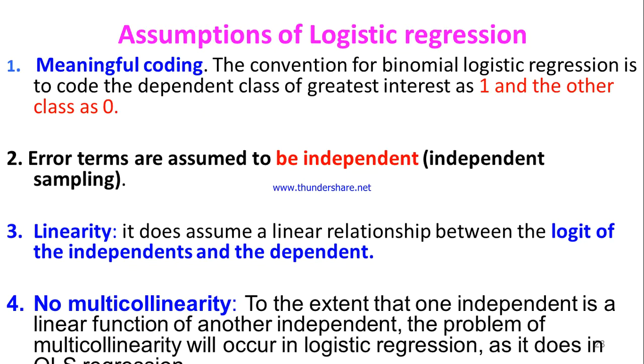What are the assumptions? As we have already seen, the outcome variable is transformed in logistic regression. What assumptions do we expect to be satisfied when we apply logistic regression? One is meaningful coding. The outcome variable must be coded.